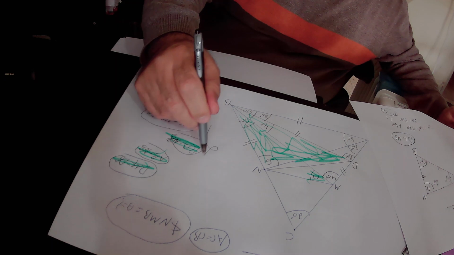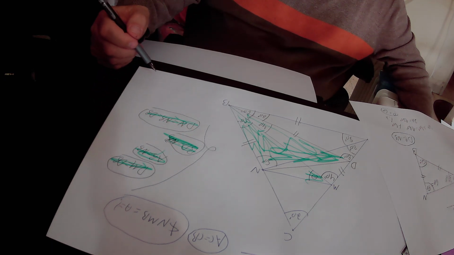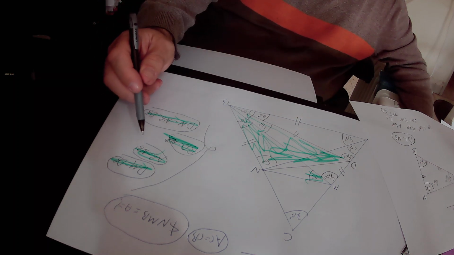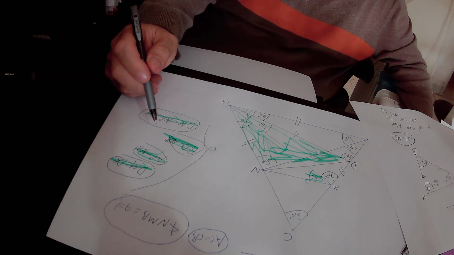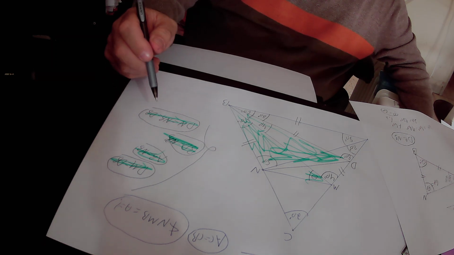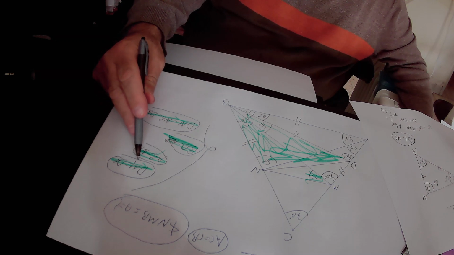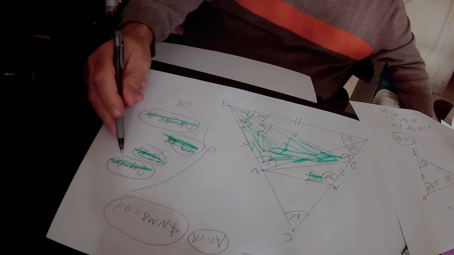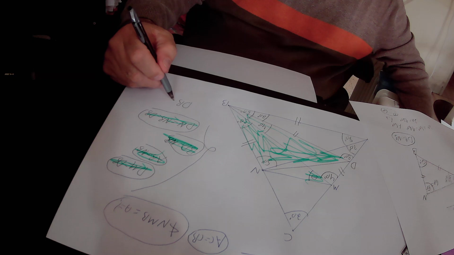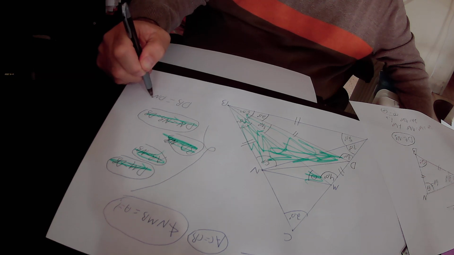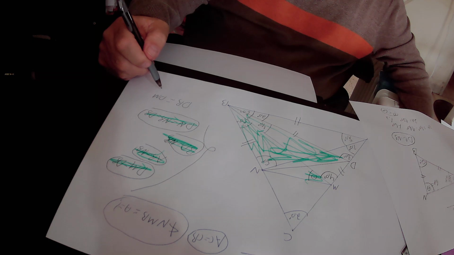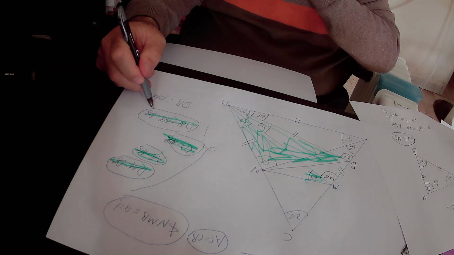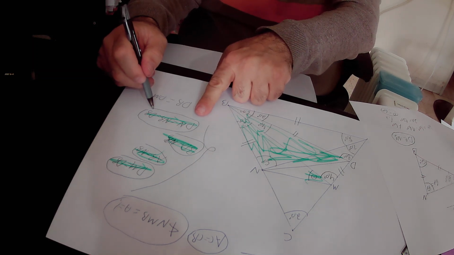So we have those equations: DM equals DB from one side, or DB equals DM from one side, but from the other side DB equals DN also.